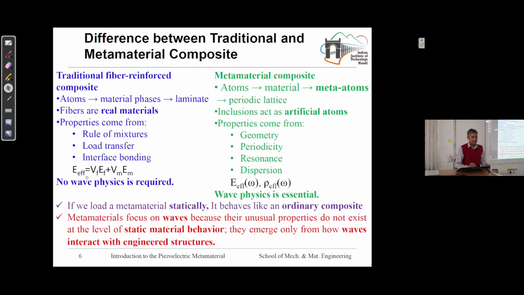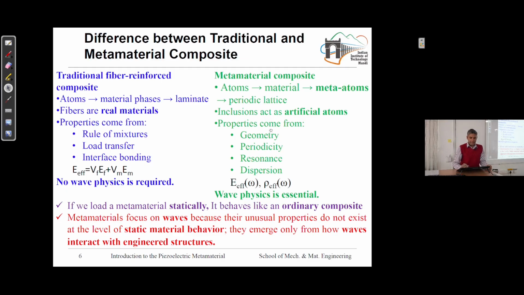However, in a metamaterial composite, the properties come from the geometry of the meta-atom, whether it is triangular, square, or so on, the periodicity, whether they are arranged in a periodic fashion or not, and resonance, whether resonance is happening or not.